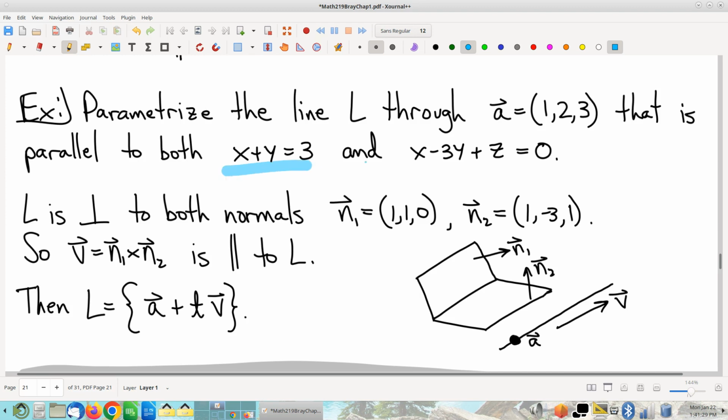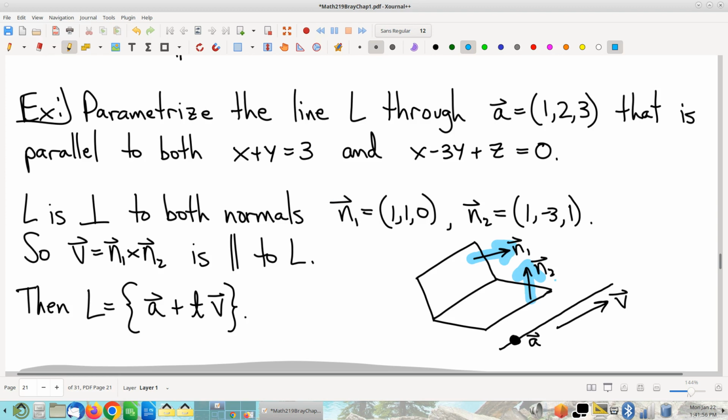We were given these equations right here, and that tells us certain things, but among others, it tells us that we know these normal vectors. Remember, you can read the normal vectors straight off of the coefficients in the equation, and it's a pretty neat trick, right? So geometrically speaking, then, I know these two normal vectors right here.